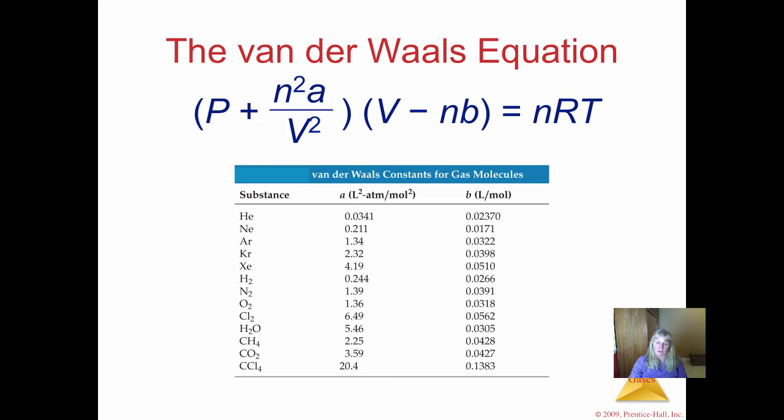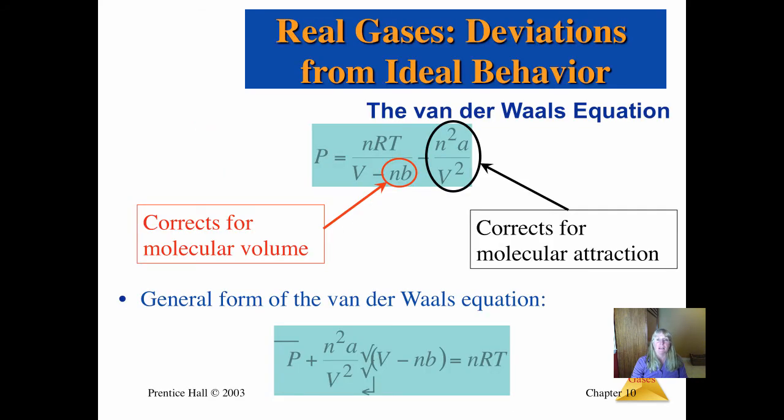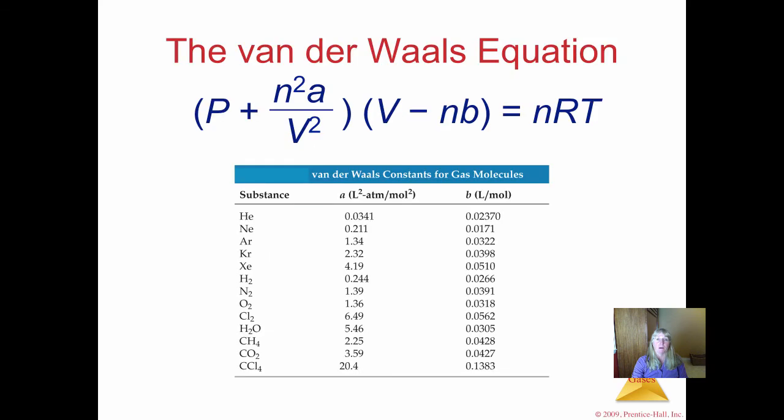So once again, to repeat, the a values correct for the intermolecular force of attraction, and the b values correct for the volume in liters per mole of each of these individual real gases.